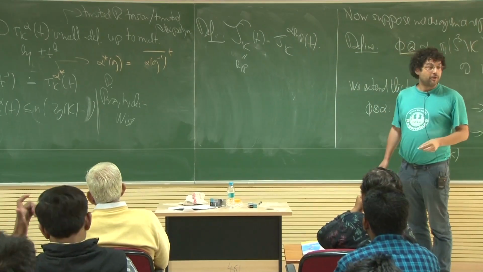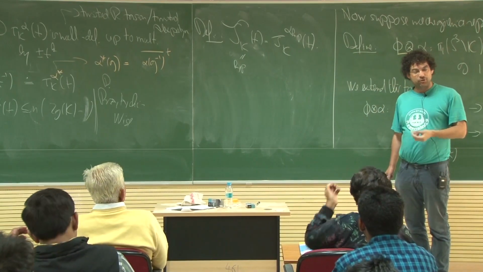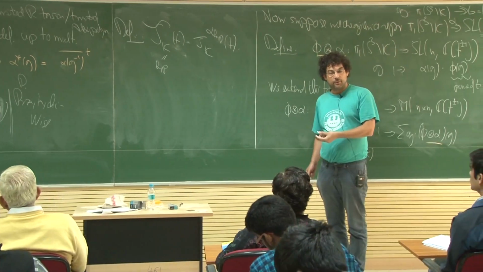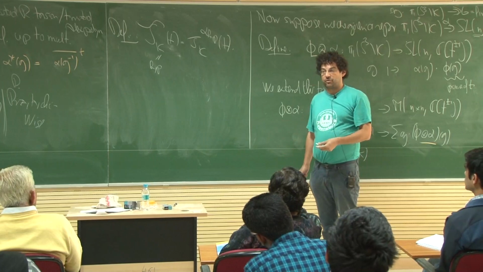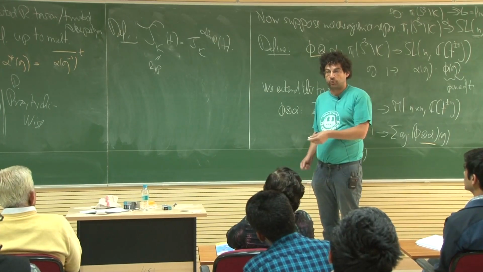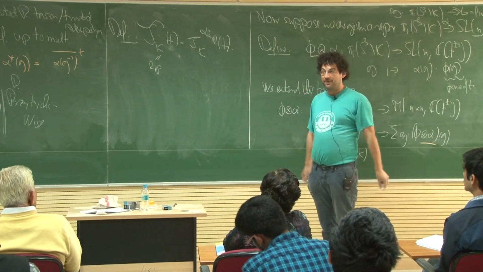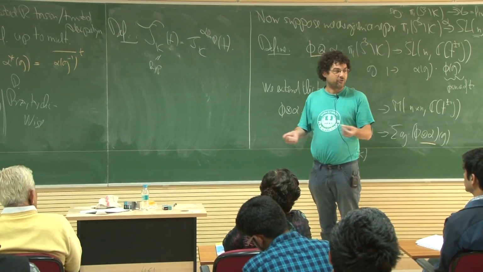So for hyperbolic knots, you actually have a well-defined such polynomial. You no longer have to worry about what representation to take. There's some sort of God-given one which is staring at you, and you just grab it.